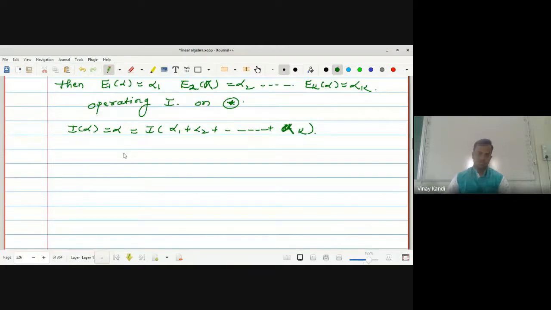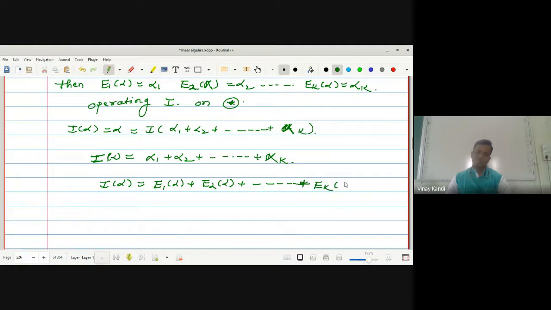Okay, so which is equal to what? I of alpha 1 is alpha 1, we will write I that way, up to alpha K. Okay, this is I of alpha. I of alpha is equal to alpha 1 plus alpha 2 up to so on alpha K. What is alpha 1? E1 of alpha. What is alpha 2? E2 of alpha. What is alpha K?